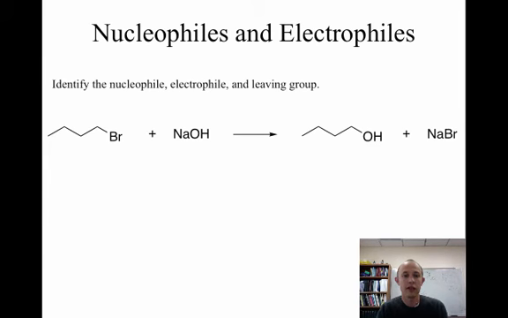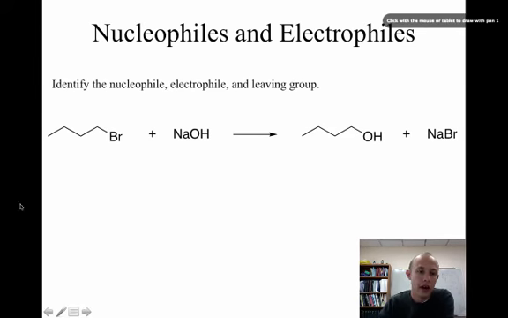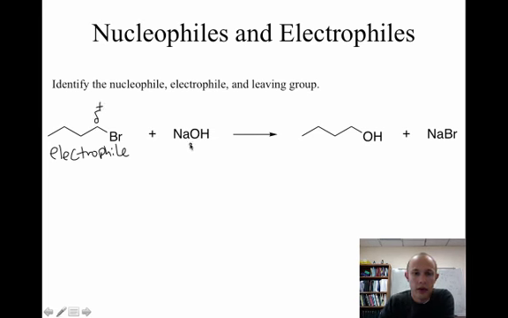Okay, so if you had this particular reaction and we were asked to identify the nucleophile, electrophile, and leaving group, what we would say is that this molecule, 1-bromobutane, is the electrophile, because this carbon has a partial positive charge.